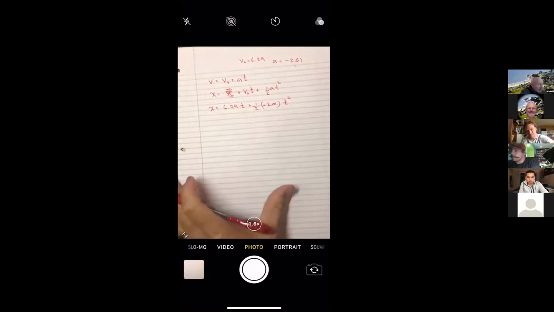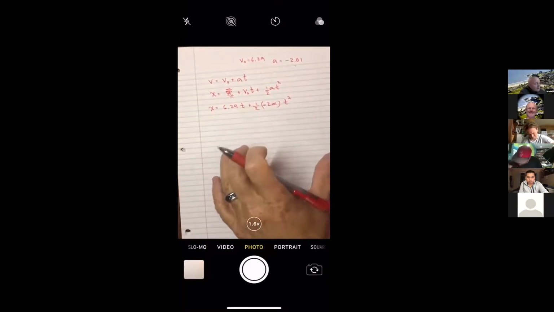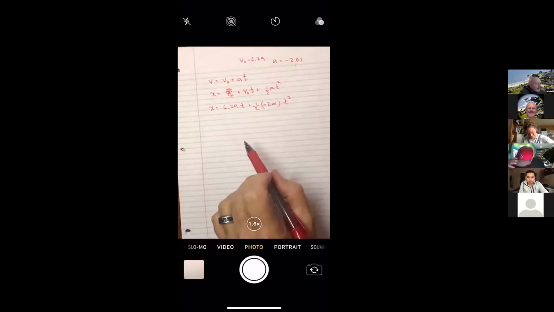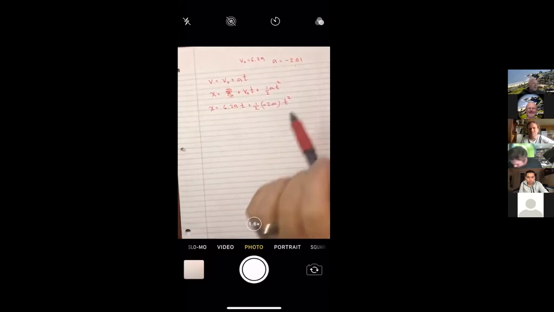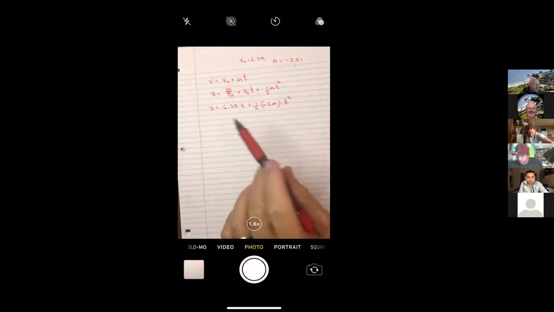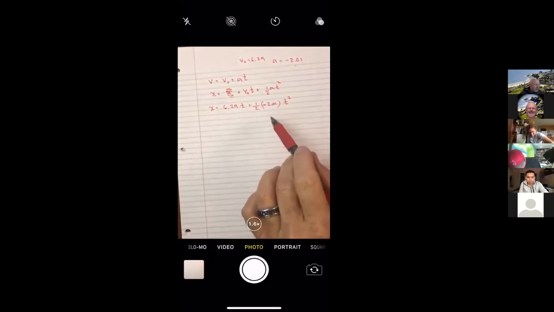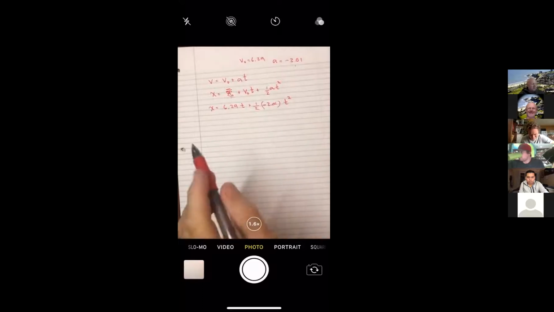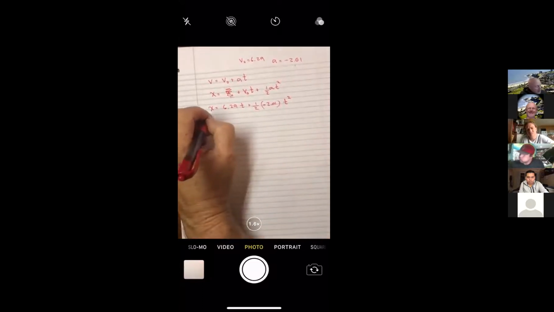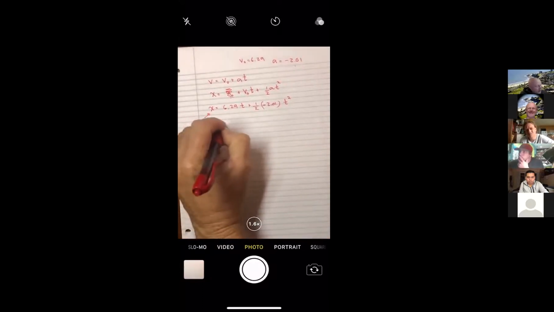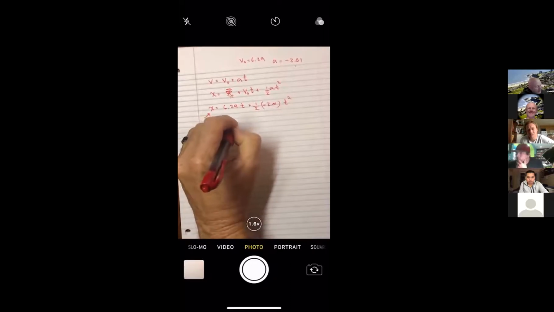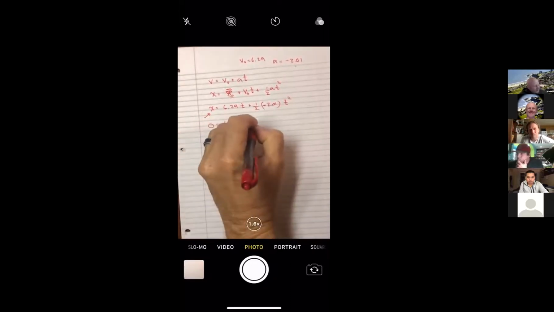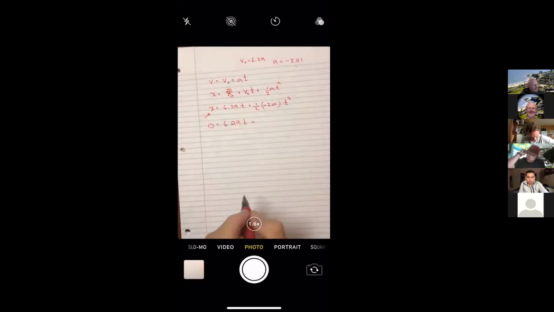And what I was saying, a good approach on this problem would be to say, in the second part of the question, they want to know what time it is when it gets back down to its starting point. So that means its x would equal 0.